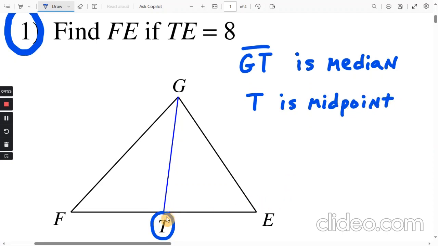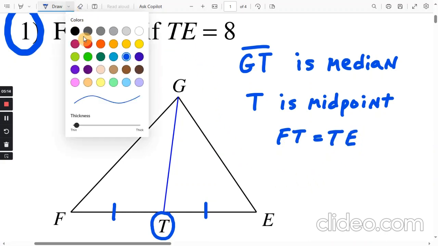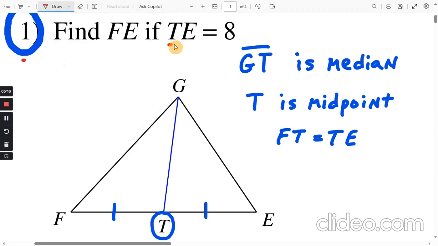All right, if T is a midpoint, that means it is surrounded by two congruent segments. So FT equals TE. If we want to fill that in on the diagram, they give us that TE equals 8. TE is right here, that's 8.